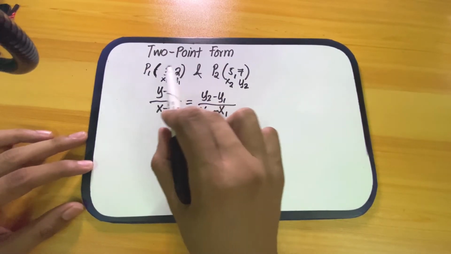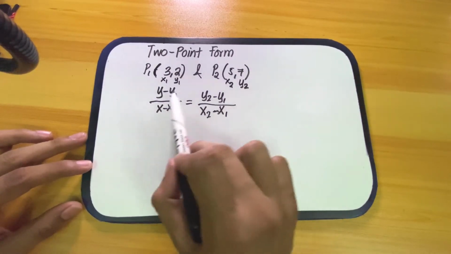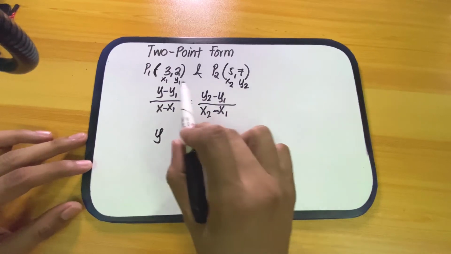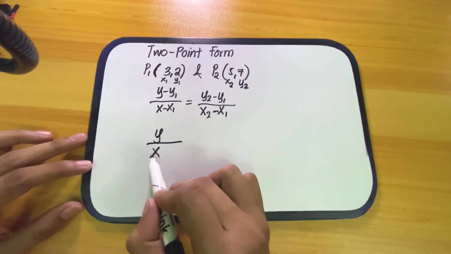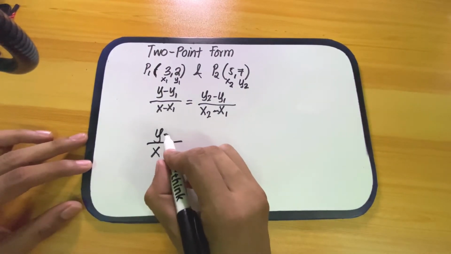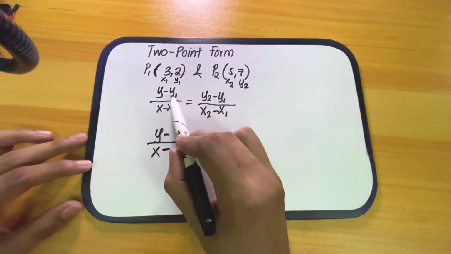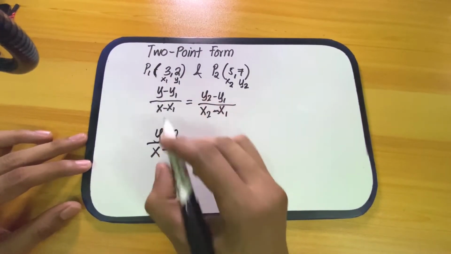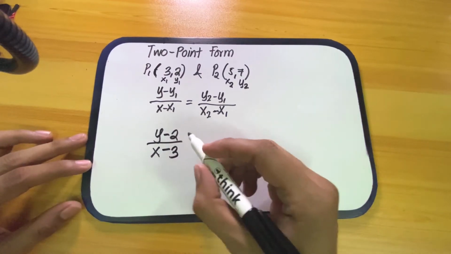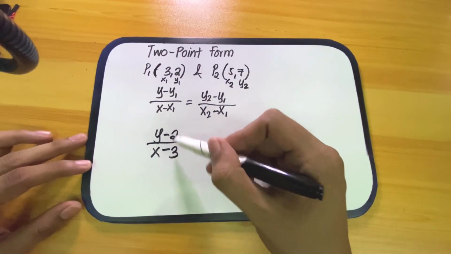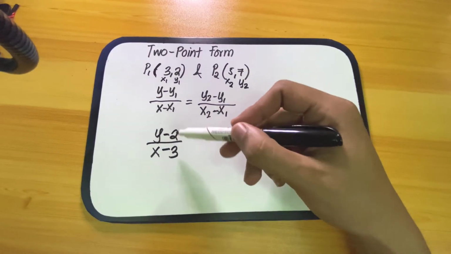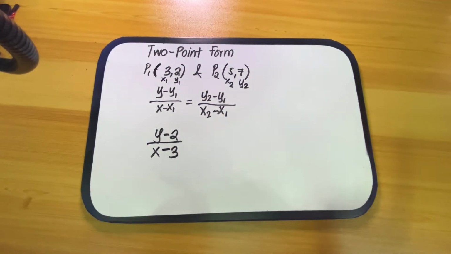So substitute all these values to the formula. Because we don't have the values of y and x here, just copy those. So y minus your y sub 1, which is 2, and x minus your x sub 1, which is 3. If the steps are interchanged, you will get a wrong answer.